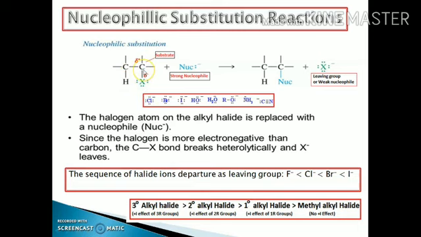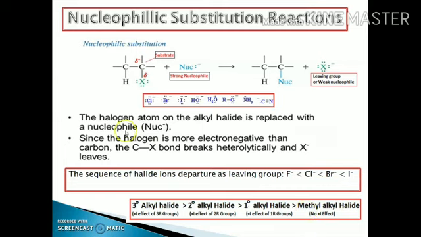Hence, tertiary alkyl halides are more reactive towards nucleophilic substitution reactions in comparison to secondary alkyl halides, which are more reactive than primary alkyl halides, and methyl halides are least reactive towards nucleophilic substitution reactions due to no +I effect.